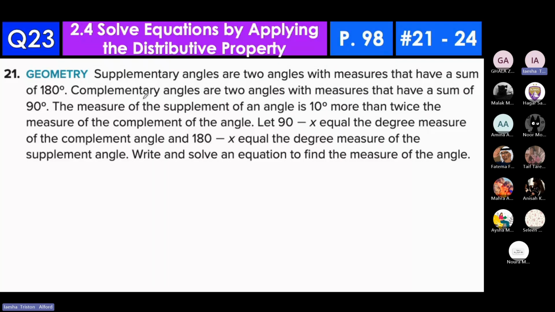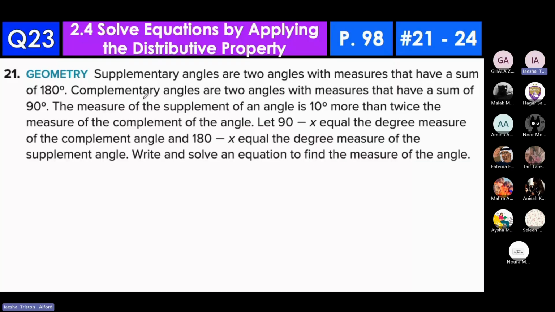The measure of the supplement of an angle is 10 degrees more than twice the measure of the complement of the angle. Let 90 subtract x equal the degree measure of the complement angle, and 180 subtract x equal the degree measure of the supplement angle. Write and solve an equation to find the measure of the angle.